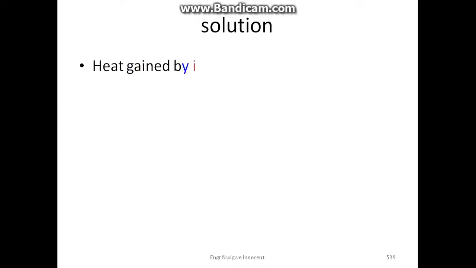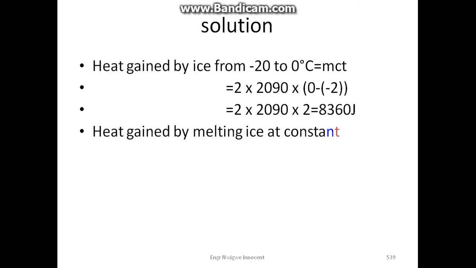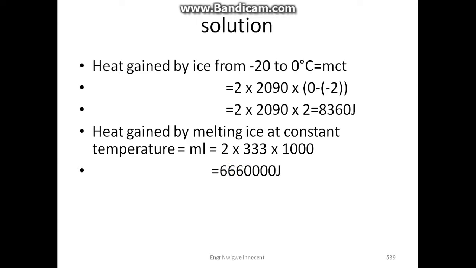Solution. Heat gained by ice from minus 2 to 0 degrees is mct, which equals 2 times 2090 times (0 minus (minus 2)), equals 2 times 2090 times 2, equals 8,360 joules. Heat gained by melting ice at constant temperature is mL, which equals 2 times 333 times 1000, equals 666,000 joules.